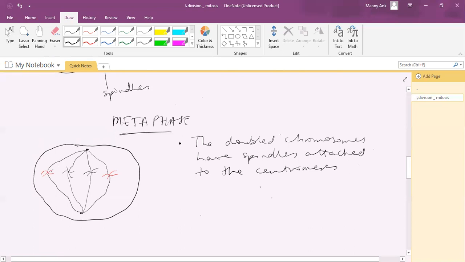All right, so remember the centromeres are where the chromatids, what we call the daughter chromatids, are attached to each other, right?